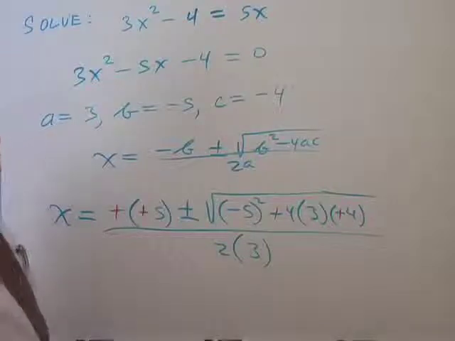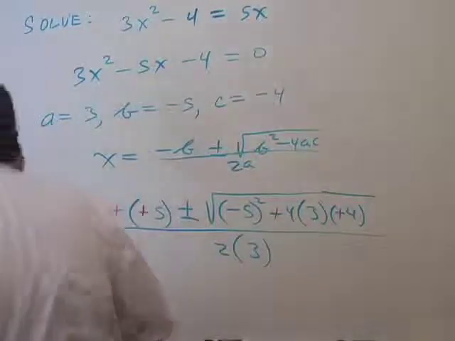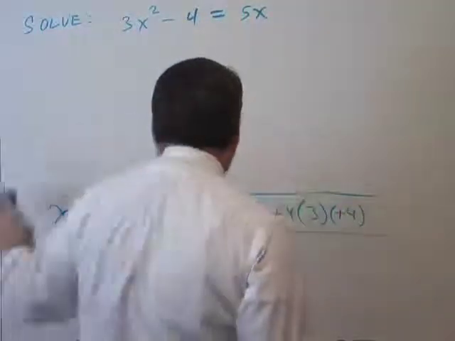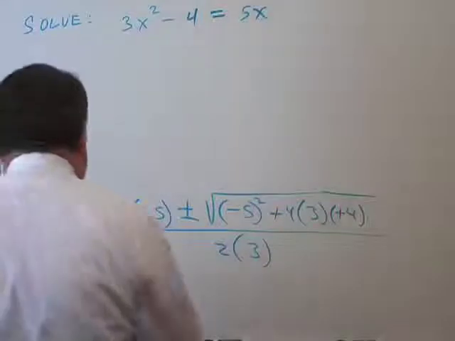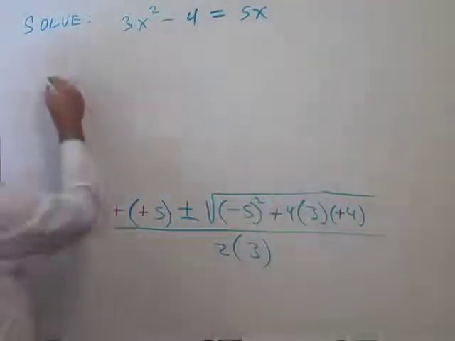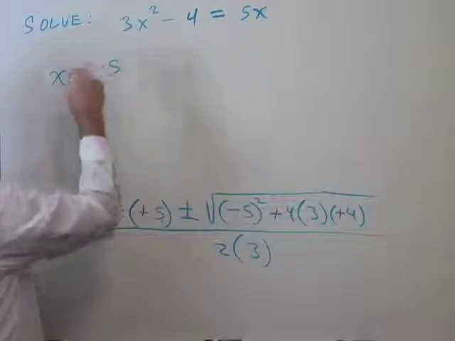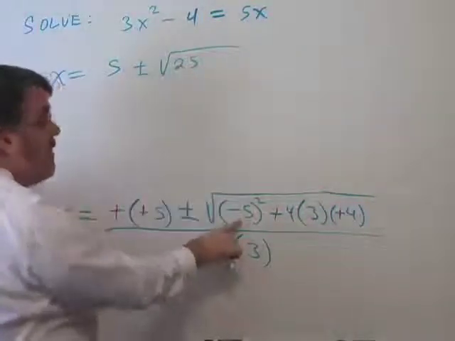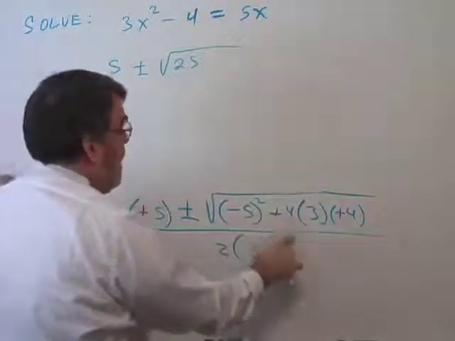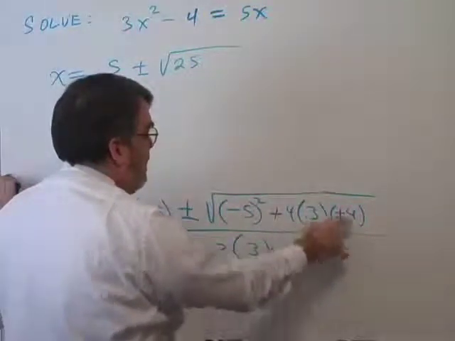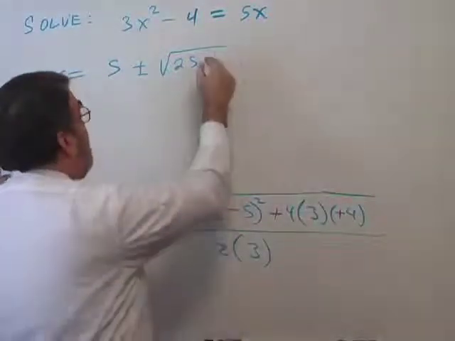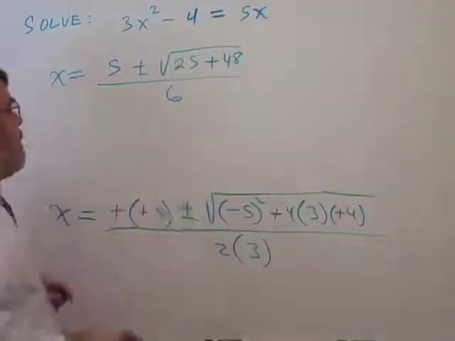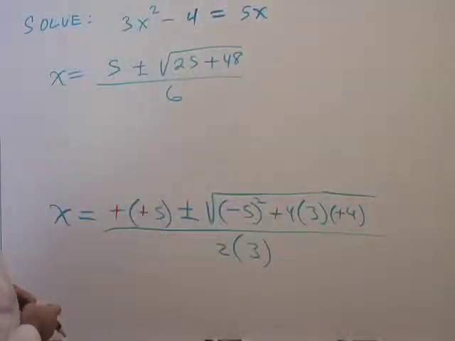So we end up with x equals positive 5, plus or minus the square root of 25. So I square this negative, I get a positive, plus, and this is going to be 4 times 3 times 4, which is 48, plus 48, over 6. And we're almost done.